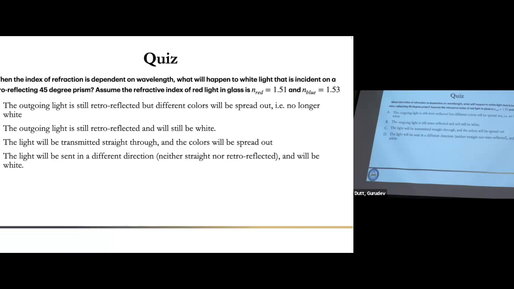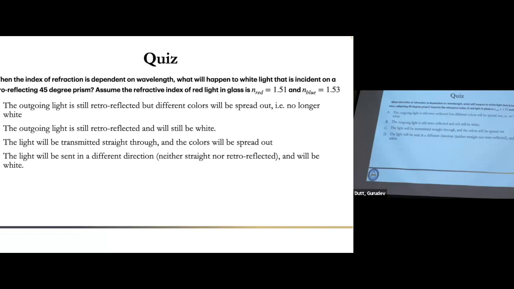Why don't you think it spreads out? That's a good one. Let's say it spreads here, over there. My thought is that red is not here, it's here.